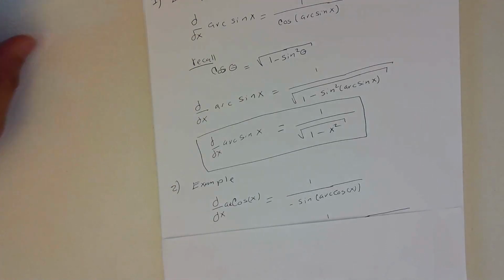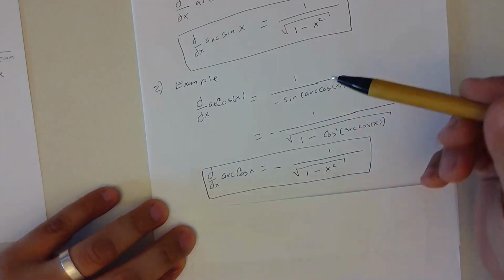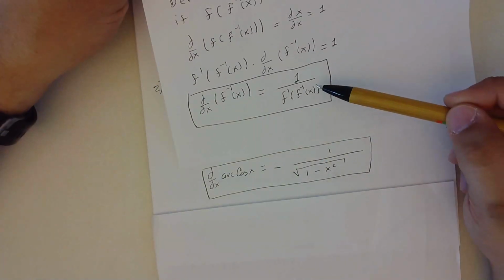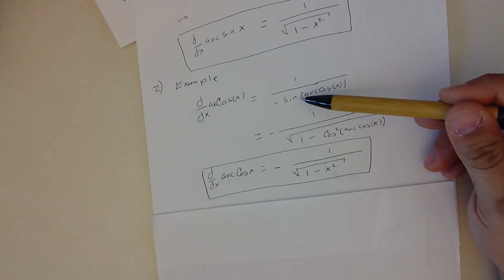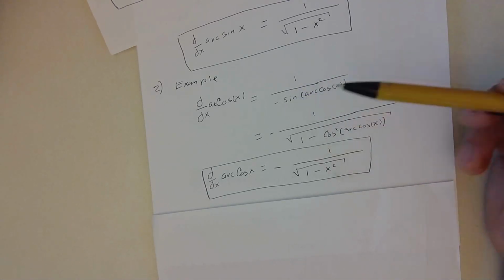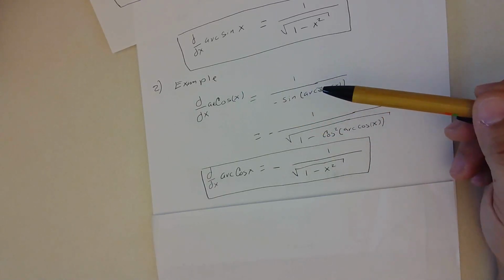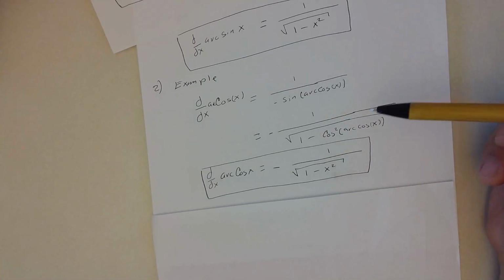Same thing with the cosine. We just apply directly this formula that we have here: minus sine is the derivative of cosine, the original function, composed with the arccos of x.